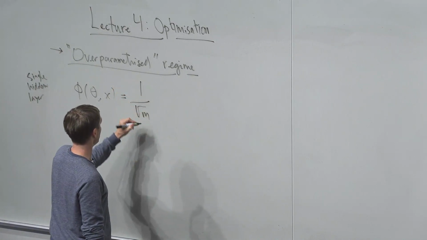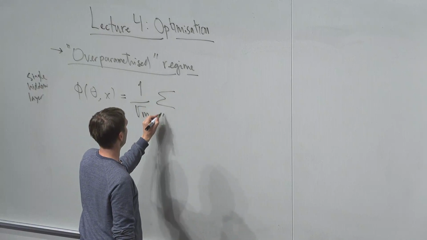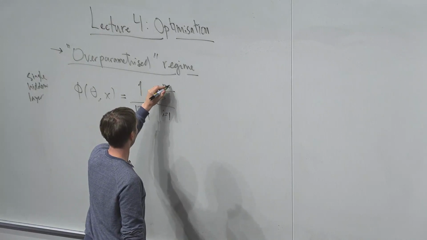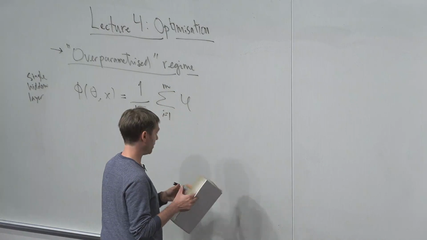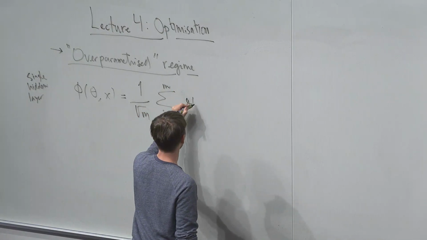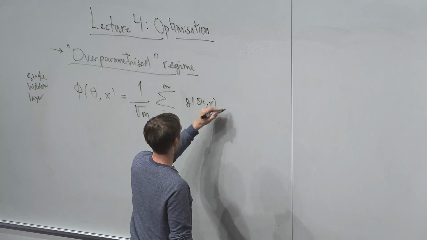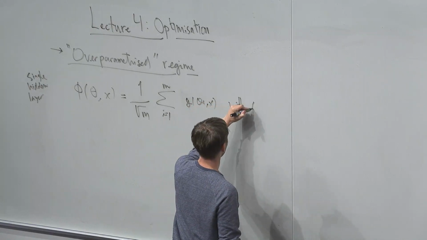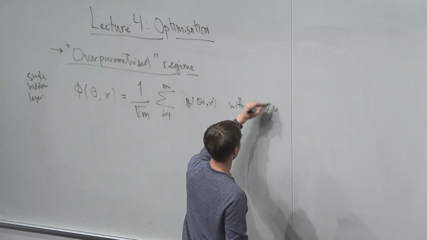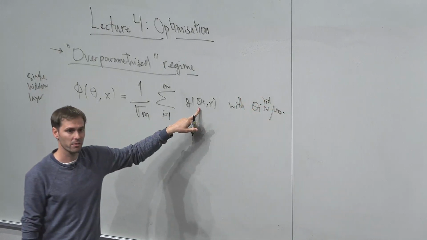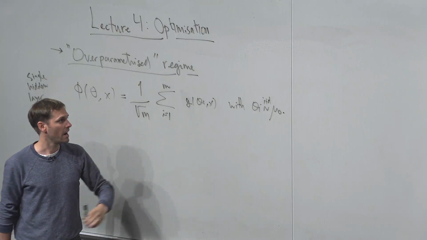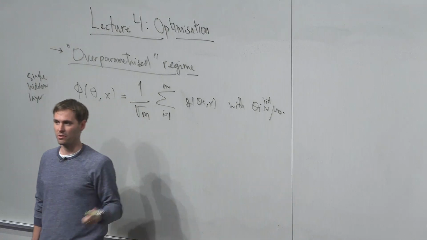So I have m units, and I'm going to compute this sum from 1 to m of g, because I'm going to use it all the time, where the initial parameters of these neurons are drawn IID from some initial distribution.